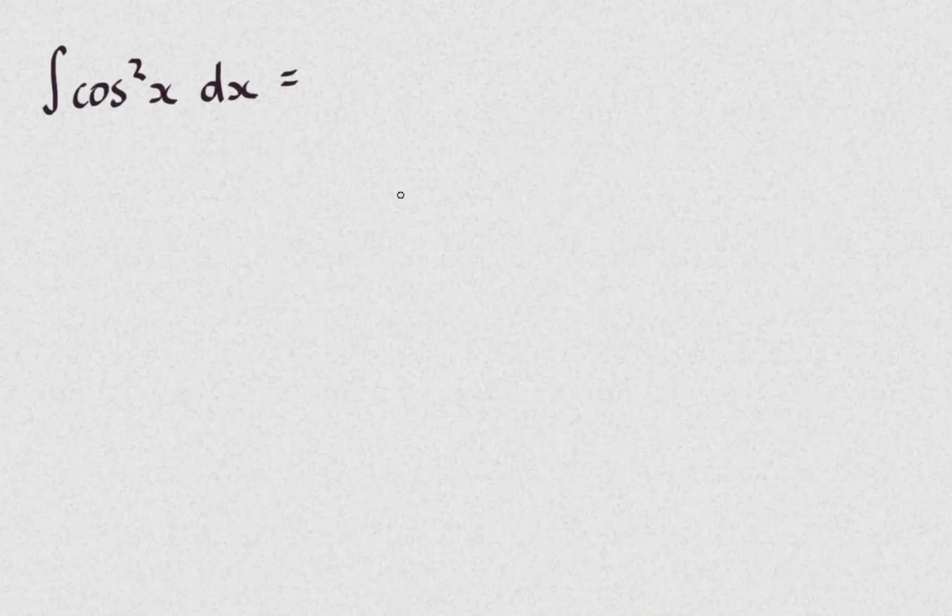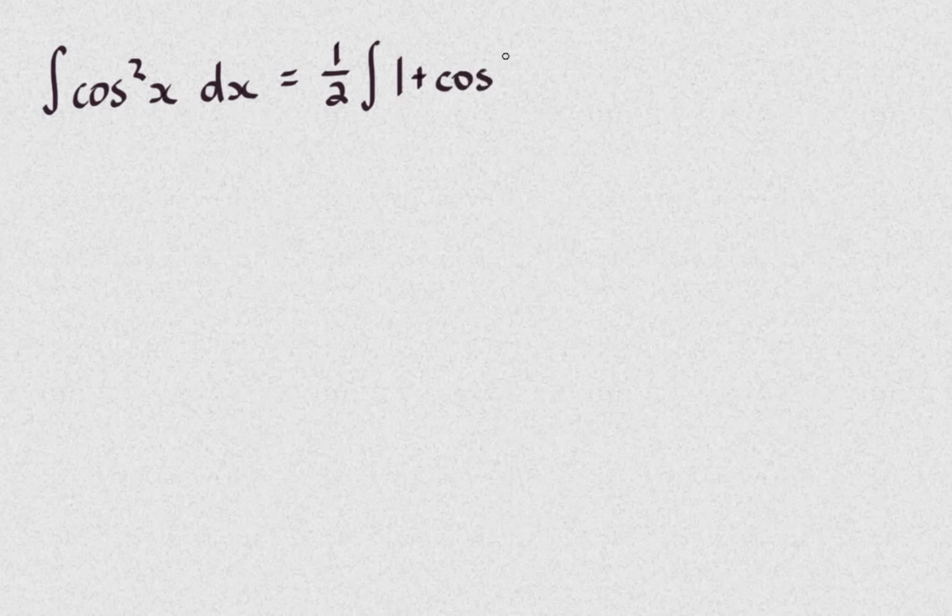When we replace cos squared x, let's put the half out the front of the integral, and then we can write the rest, 1 plus cos 2x, after the integral sign.